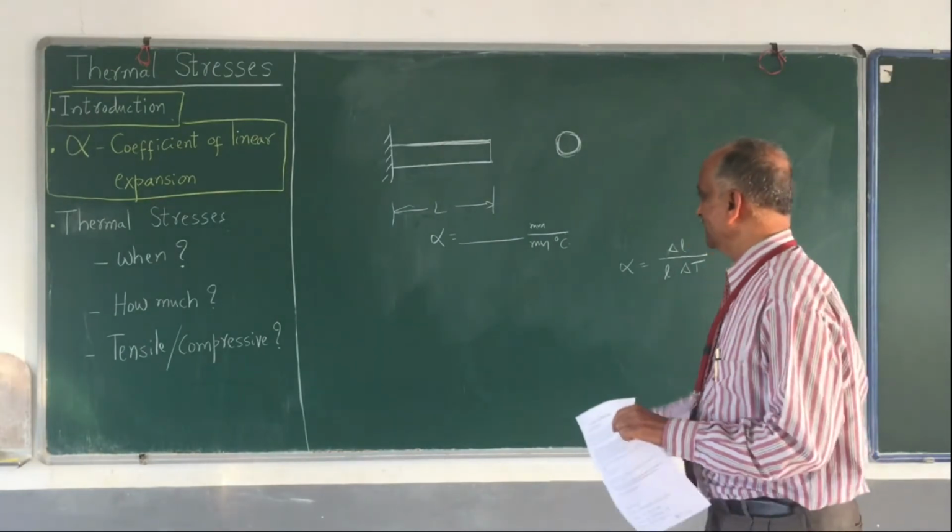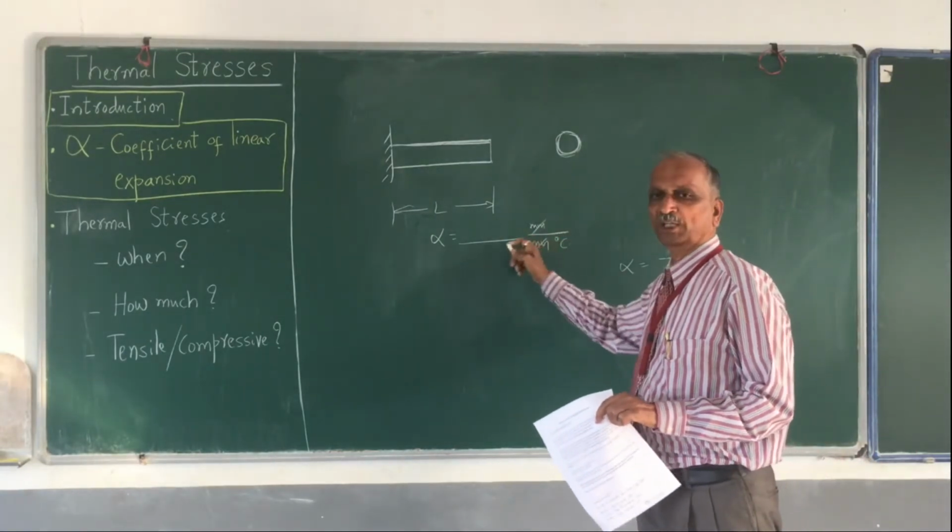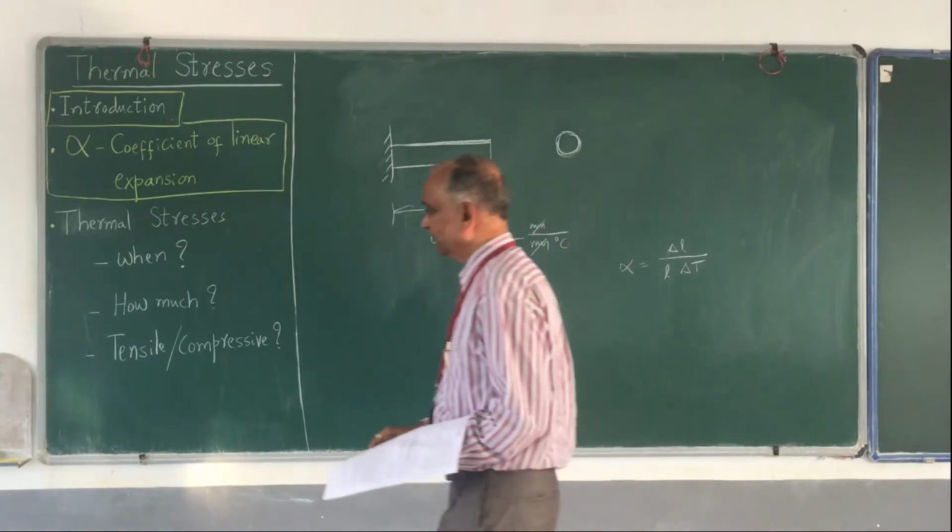Millimeter cancels, so the unit of alpha is so many per degree centigrade.